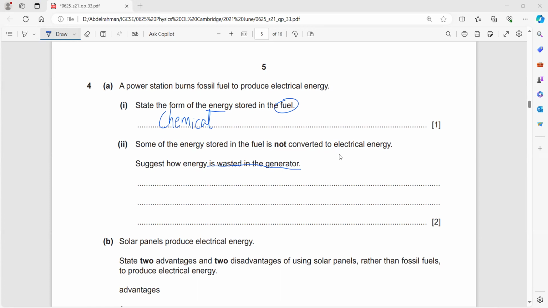But if you write down thermal and heat as two answers, that's wrong. Due to friction, it produces thermal energy.